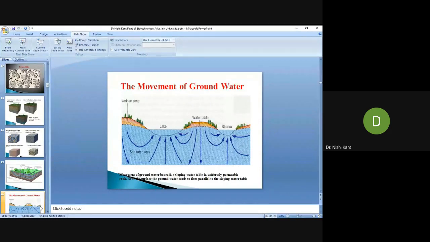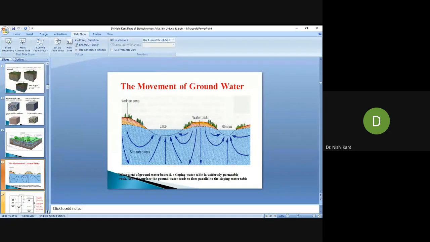Movement of groundwater. Most groundwater moves relatively slowly through rock underground because it moves in response to differences in water pressure and elevation. Water within the upper part of the saturated zone tends to move downward following the slope of the water table.